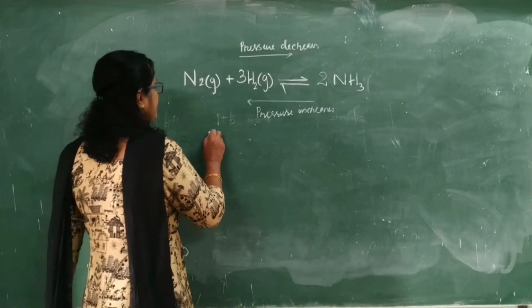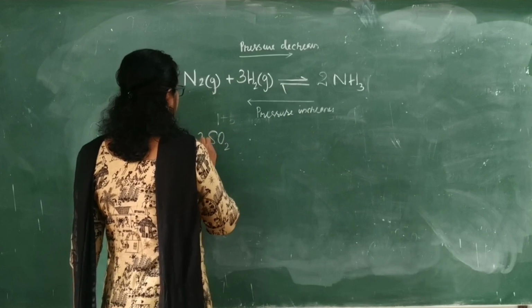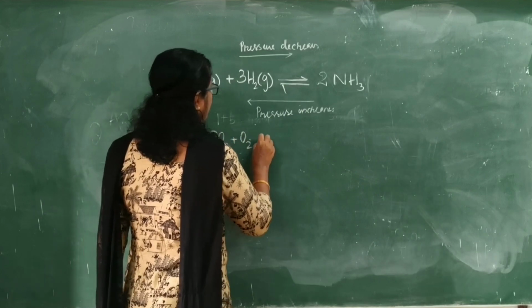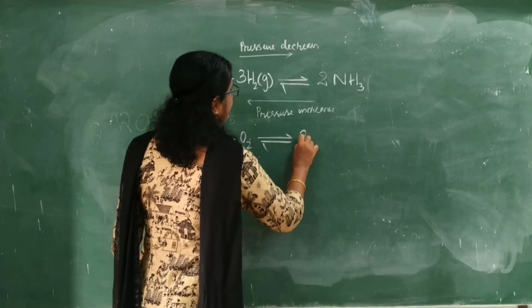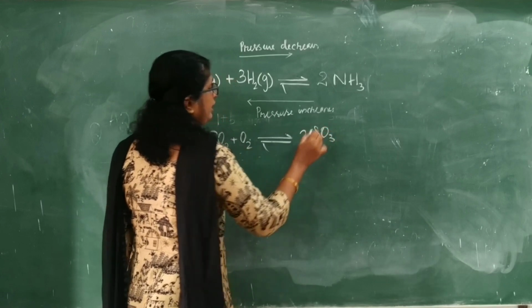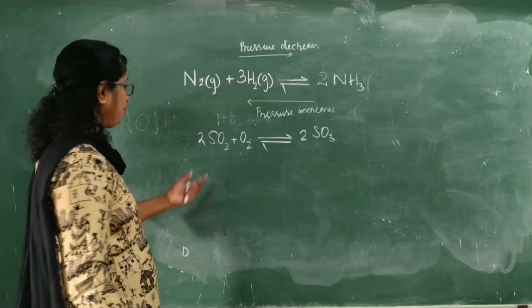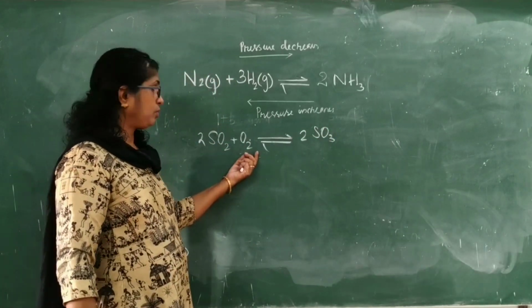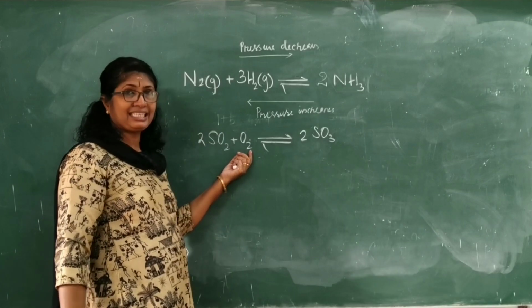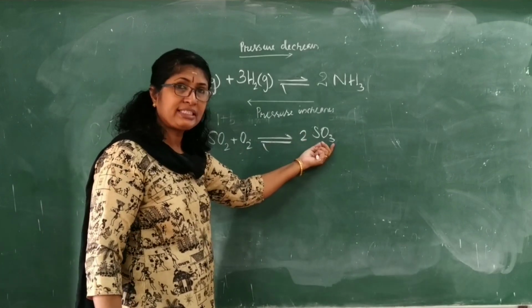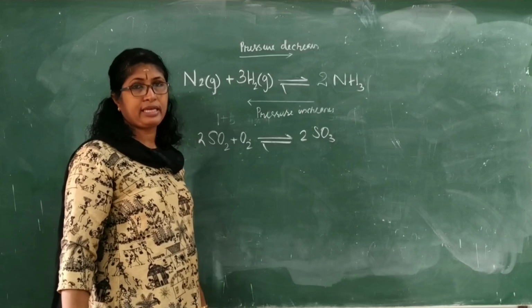Another example: 2SO2 plus O2 in equilibrium with 2SO3. Here 2 plus 1, 3 moles of gas are reacting, and on the product side we are getting only 2 moles of gas.